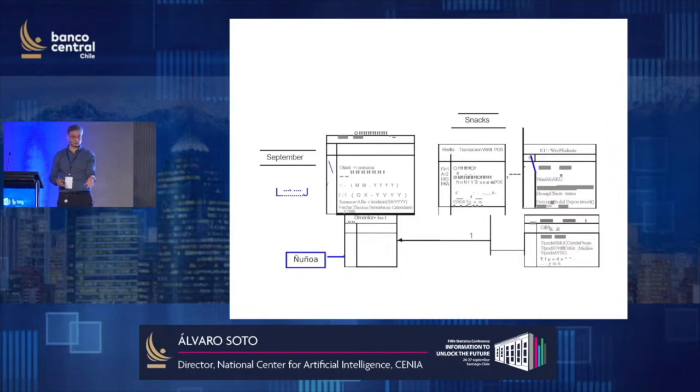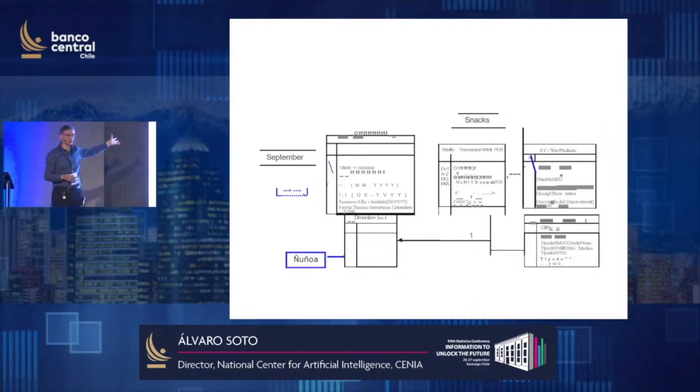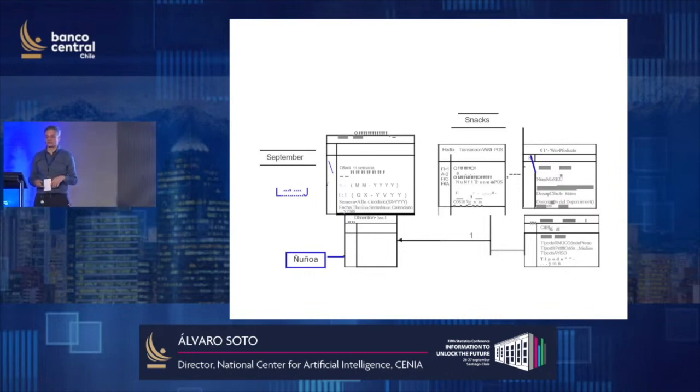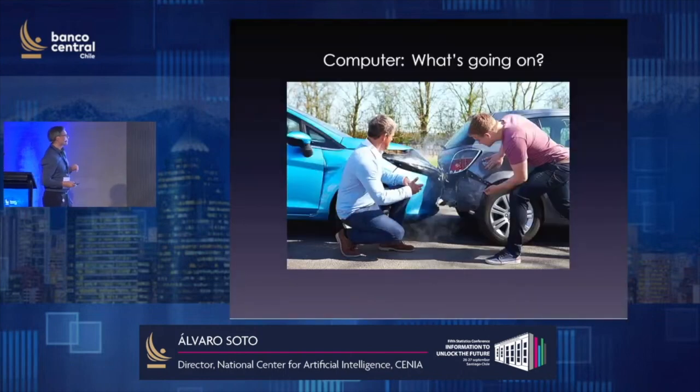With these relational databases, you ask this in SQL, the language that the computer understands for that, and it will answer. But if you show a computer a question like this, computer, what's going on here?